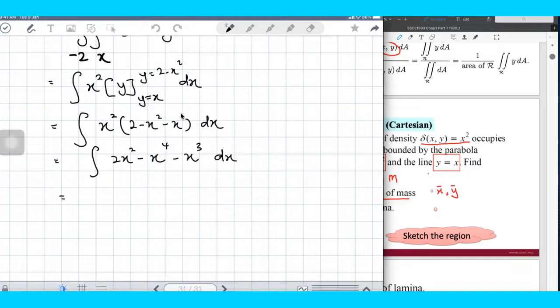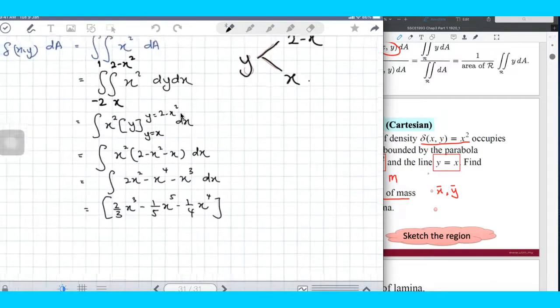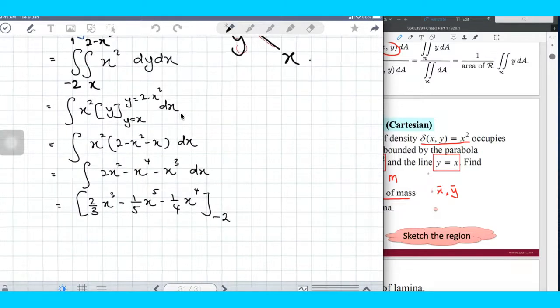Now we integrate. We have 2 over 3 x cubed, minus 1 over 5 x to the fifth, minus 1 over 4 x to the fourth, from minus 2 to 1.